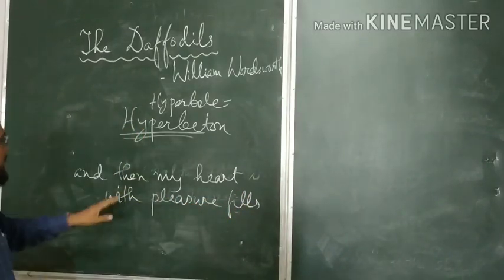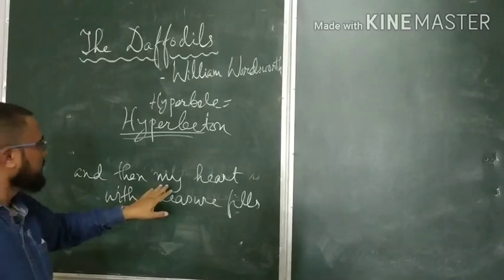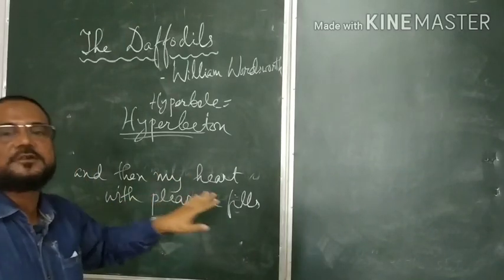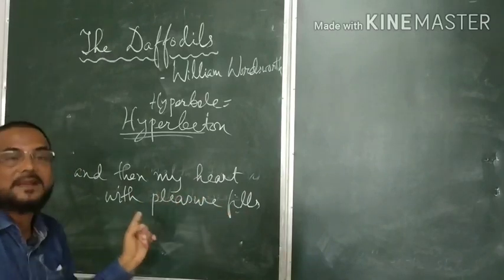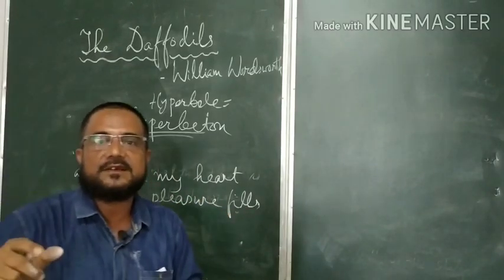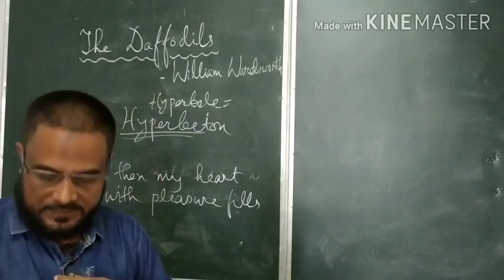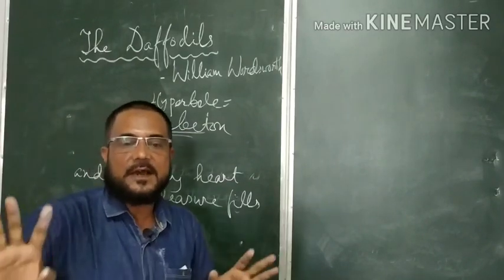This should have been written, "and then my heart fills with pleasure." The poet is saying "with pleasure fills," not the usual sequence of words. So these are the uses of hyperbaton.